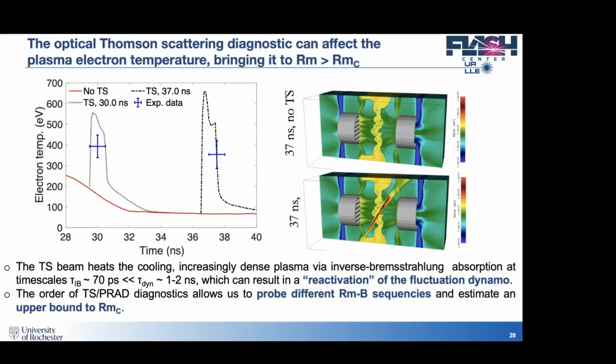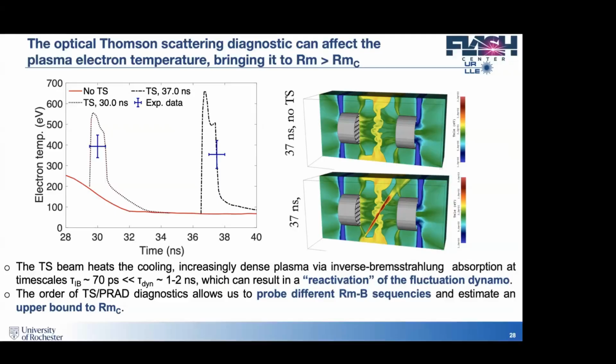Provided that you have quick enough thermal conduction transport, you can actually heat up the plasma not only at the place where you're shooting the laser, but have it actually affect a larger region. So in principle, one could imagine that we can use Thomson scattering not just to measure the plasma, but also to reignite dynamo, in the sense of taking the magnetic Reynolds number back to a supercritical condition.